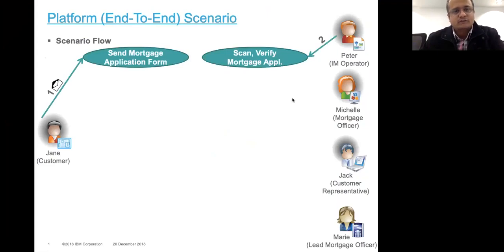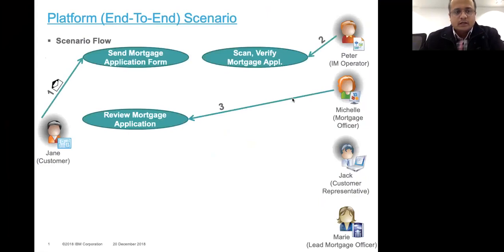Peter, who receives the form, scans and verifies the mortgage application, and he uses DataCap to do that. And then this task is picked up by Michelle as part of the business automation workflow platform, where she reviews the mortgage application that has been sent by Jane, and she checks all the different parameters that are required.